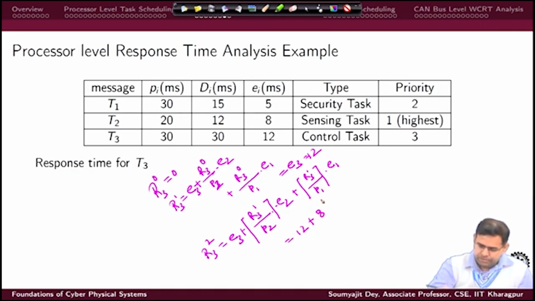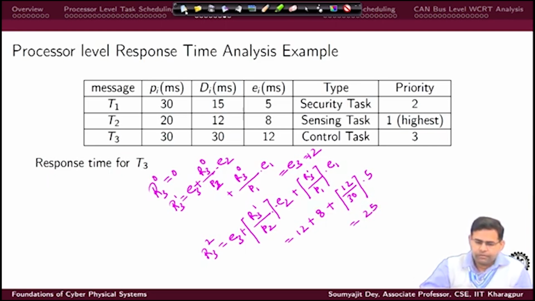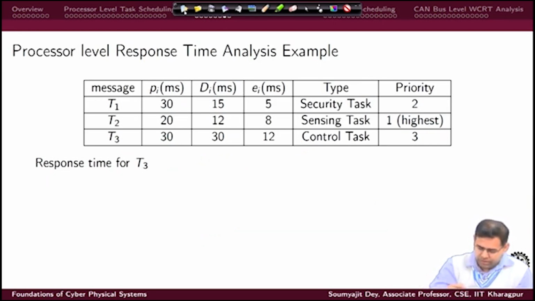So, this is 8, this will come as let us see. So, this is 5, and similarly you can get this as 8 and you will get this as 25. So, you can now start with 25.